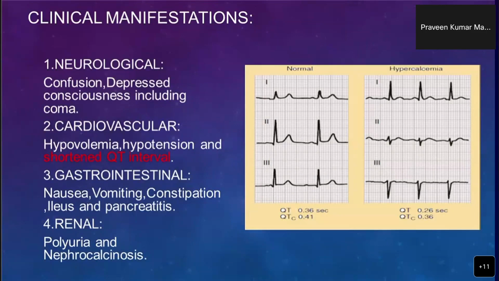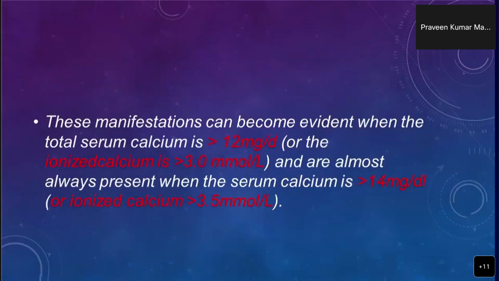In cardiovascular conditions, they include hypotension, hypovolemia, and shortened QT interval. In gastrointestinal, it includes nausea, vomiting, constipation, and pancreatitis. And renal conditions include polyuria, polydipsia, and nephrocalcinosis.